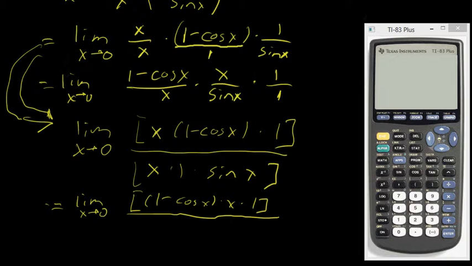We kept the x first, and we swapped the sine x and 1. So x times sine x times 1.